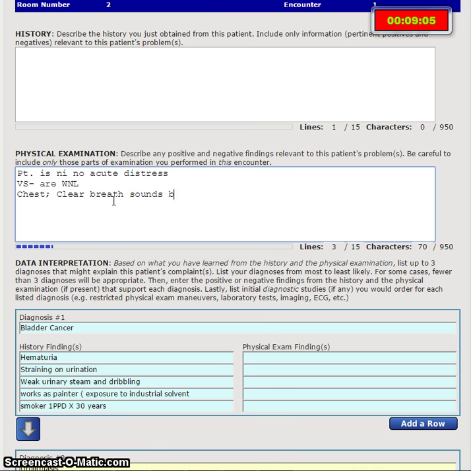Heart: regular rate, regular rhythm, normal S1 and S2, no murmurs.